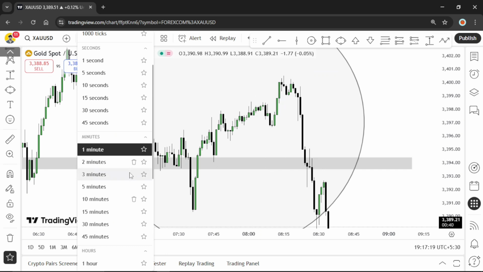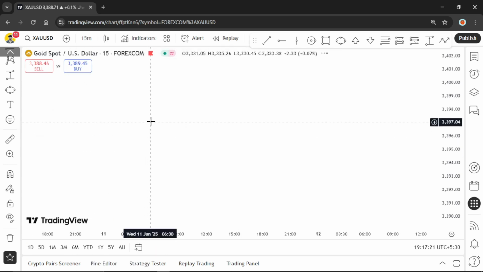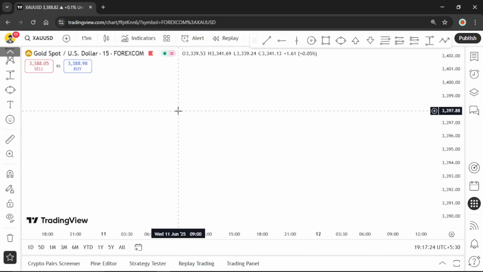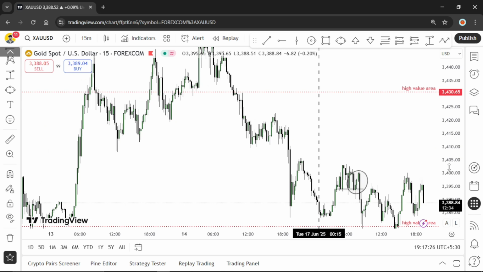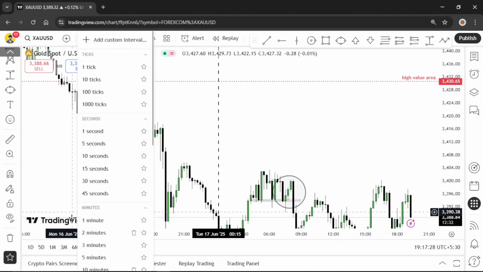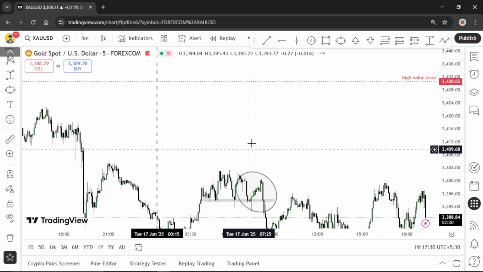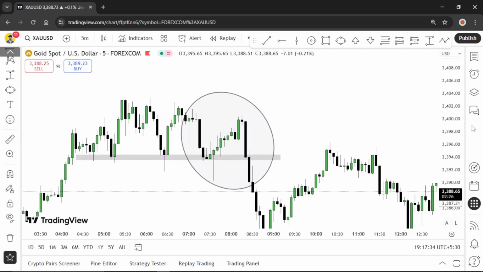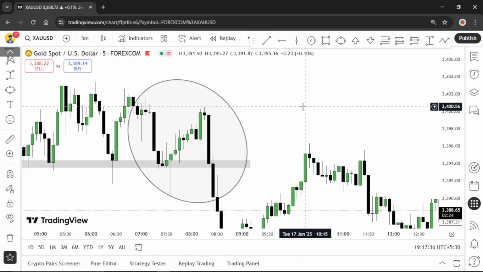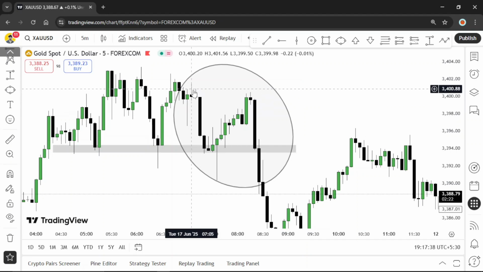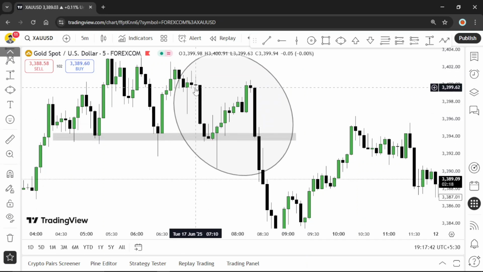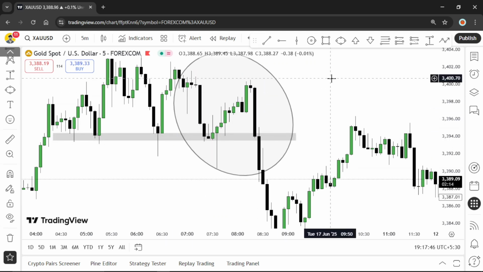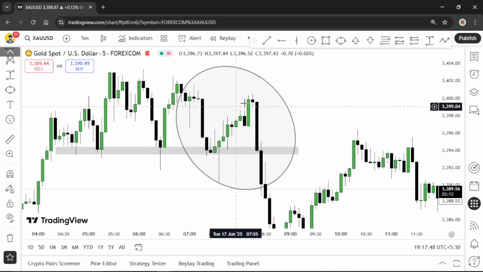We'll go to the 5 minutes again, where we can see the next institutional entry. They ended at the same position where they first entered. We can see the institutions entering the market here. In these candles, we can see a huge downside candle, and they end up in the same position.